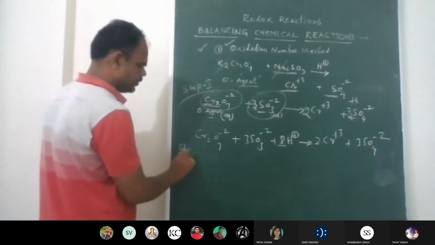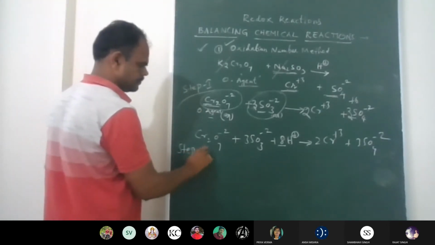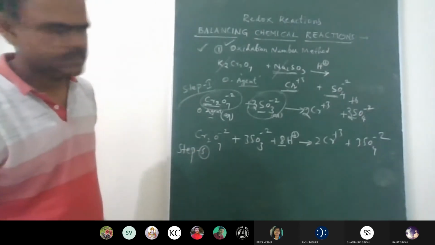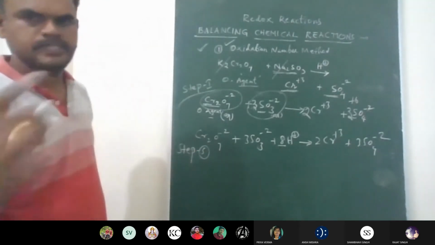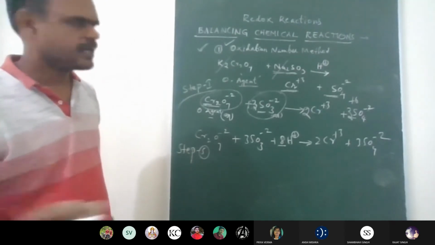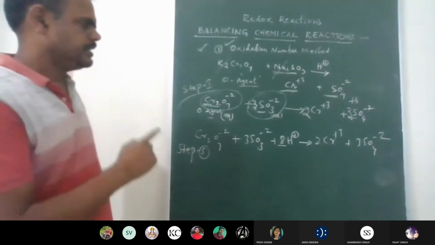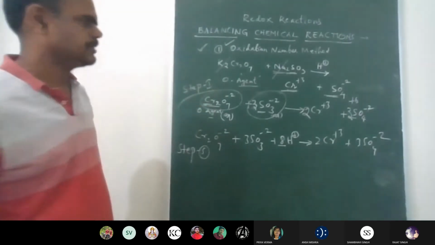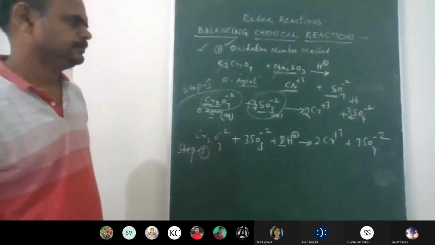Step 5 we should follow. In step 5, we should balance the oxygen atoms. Find out in which side oxygen atoms are more and in which side oxygen atoms are less. Tell me now.